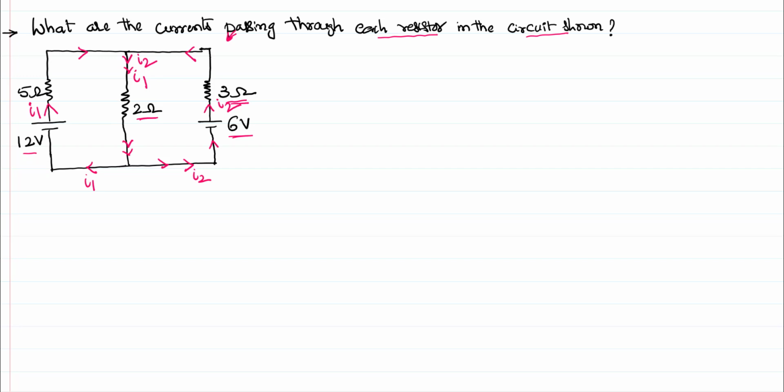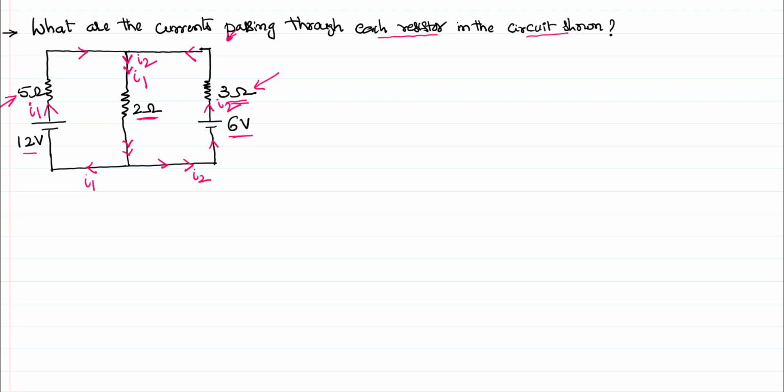Now we need to calculate the current across each resistor. That means across 5 ohms I have to calculate I1. Across 3 ohms I have to calculate I2. But across 2 ohms I have to calculate the sum of I1 and I2, because both of them are in the same direction, right?